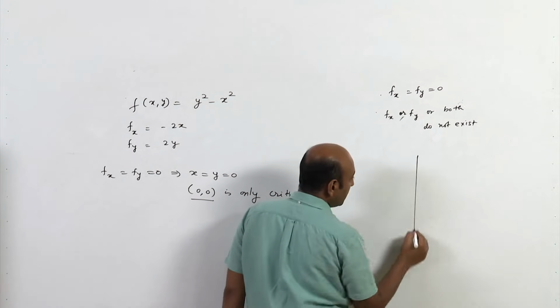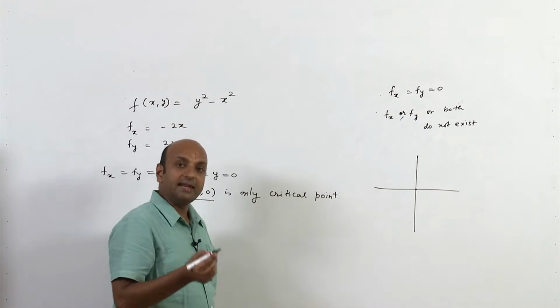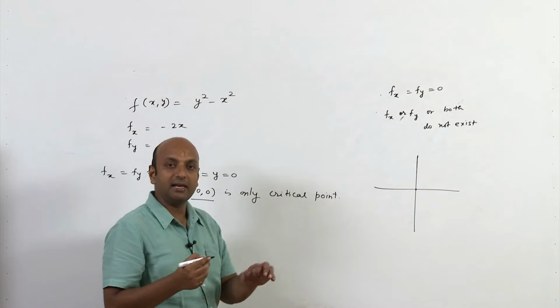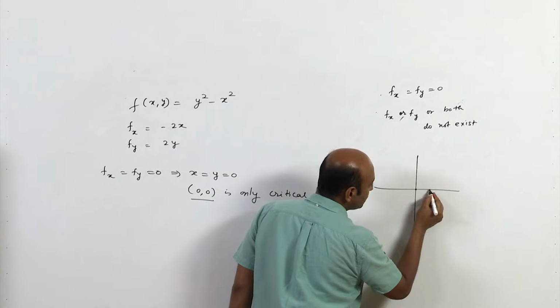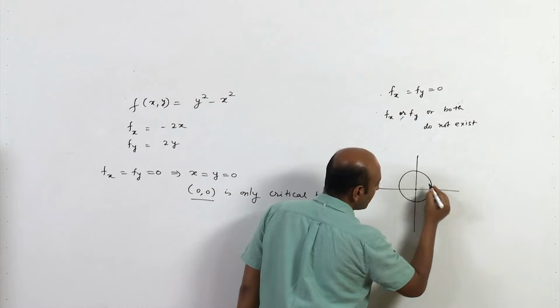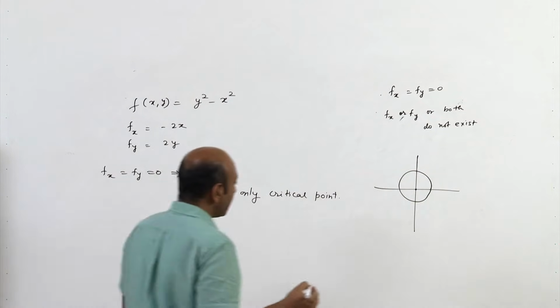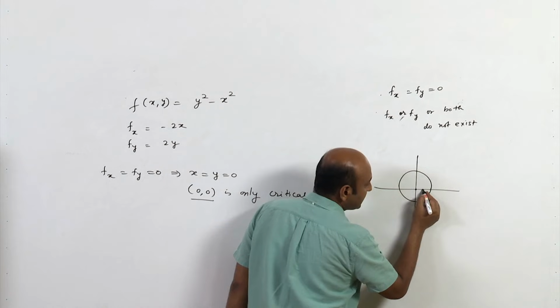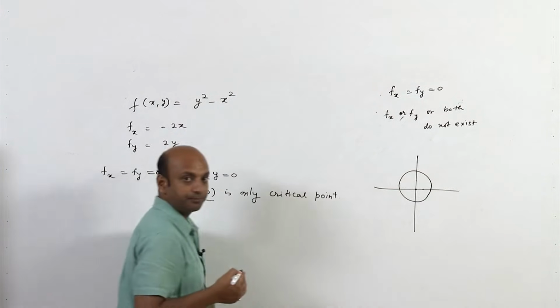Now, if you take (0, 0) and take any neighborhood of (0, 0), I mean any open disk centered at (0, 0), there are always some points on the x axis and some points on the y axis.